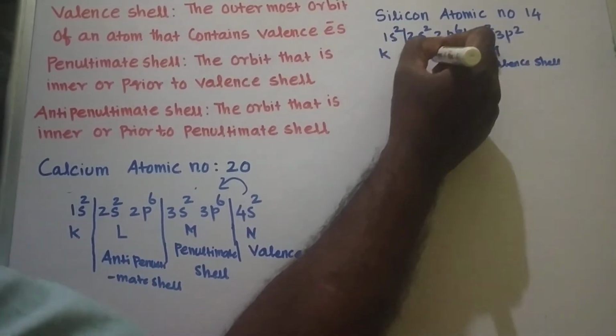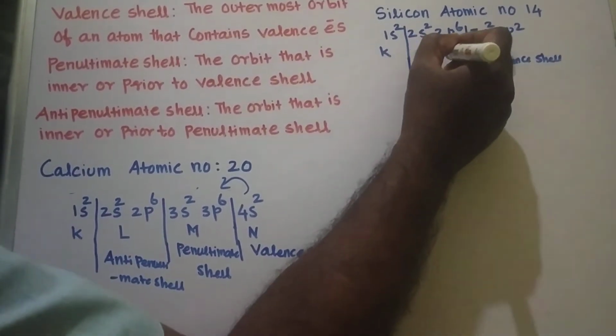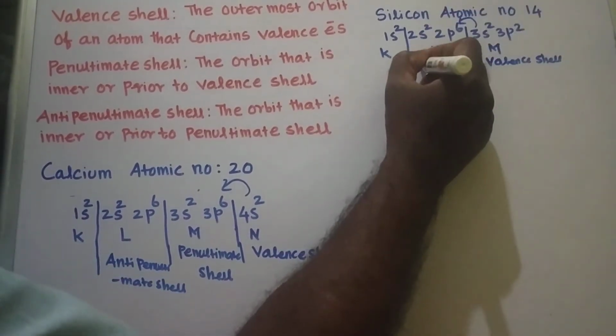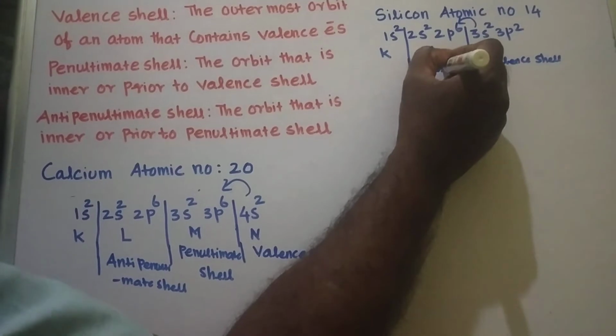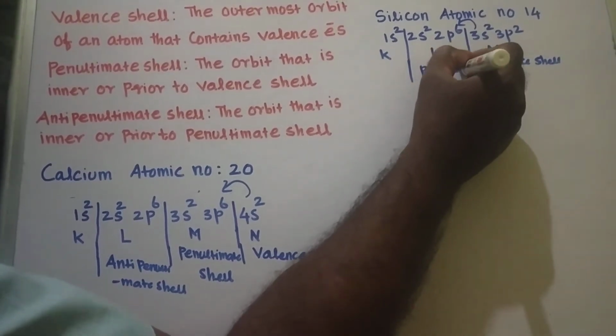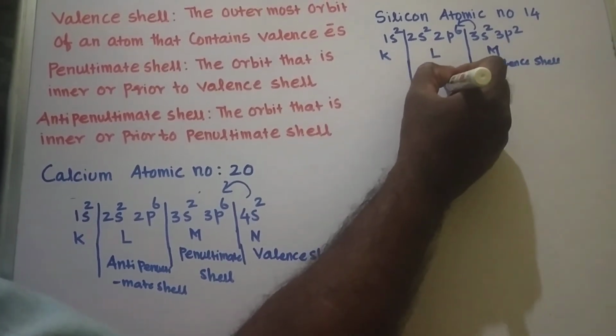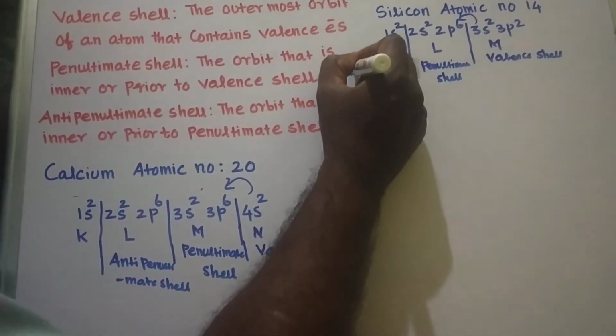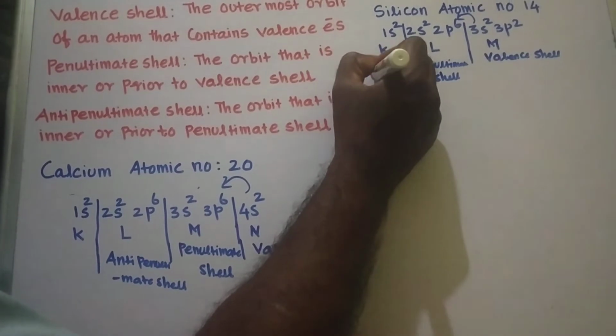And here L is prior to the M orbit. Therefore L is the penultimate shell. Then K is the antepenultimate shell.